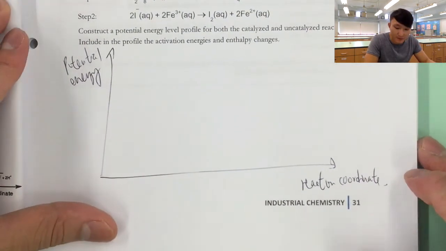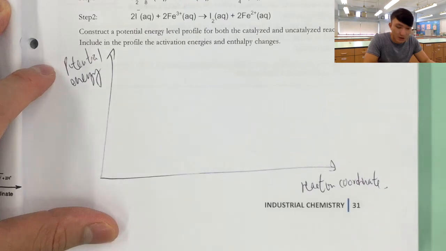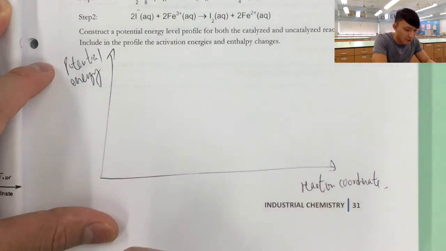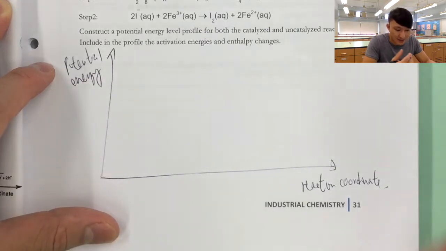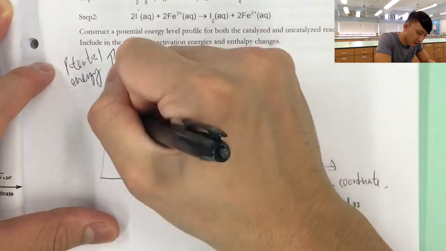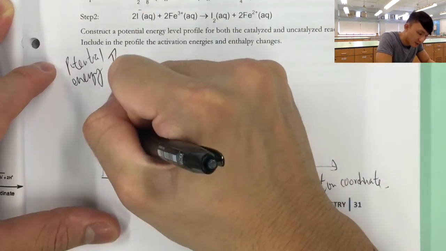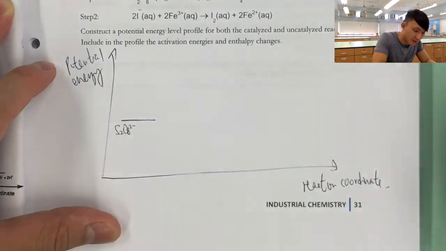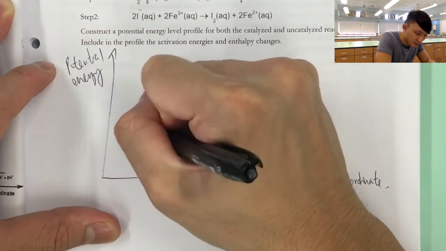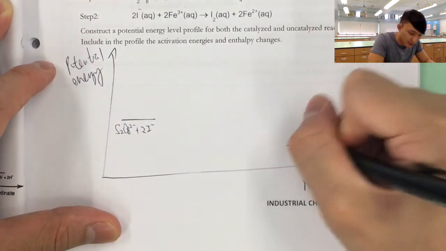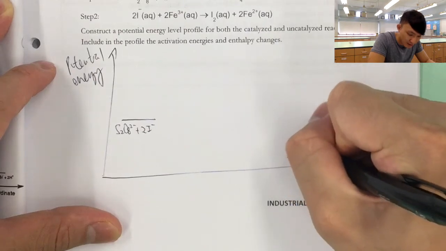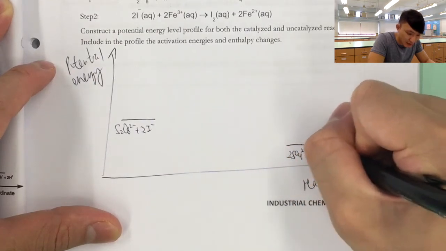No matter what, we have the same reactant, same product. I'm not sure whether it is endothermic or exothermic, so I will say that it is an exothermic reaction. Let's just say these are the products: 2 SO4 2 minus and also I2.